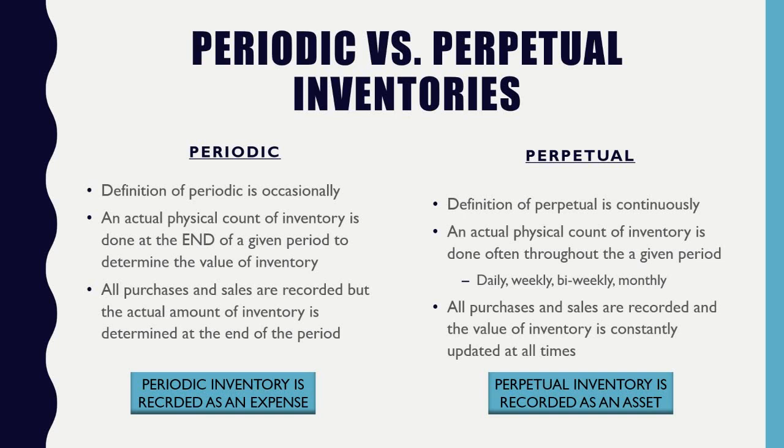It just happens occasionally, right? You're not really keeping a really good track record on it. You're just checking it every once in a while, okay? So with this kind of idea, you are not really keeping close attention to how many items you have on hand at all times.